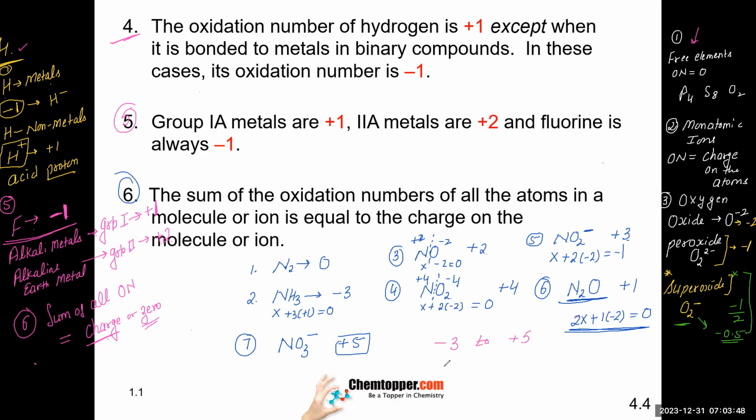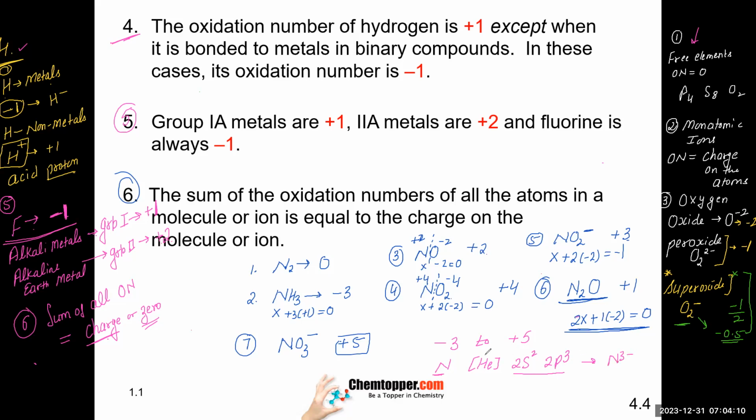Do you know the electron configuration of nitrogen? Helium 2s2 2p3. So how many maximum electrons can nitrogen gain? 3. See, it can gain 3 electrons and it can become N3 minus. Correct?